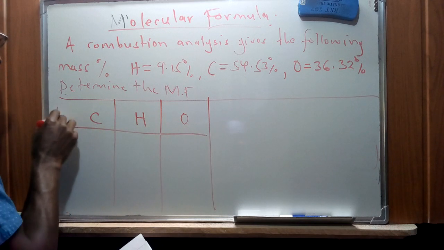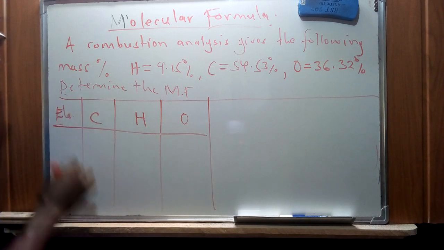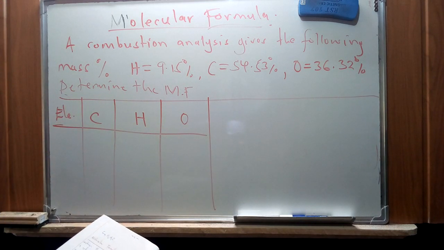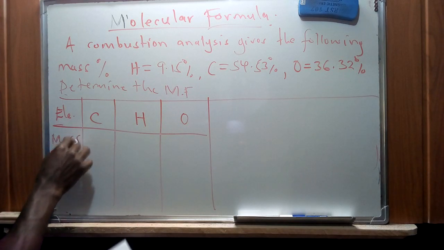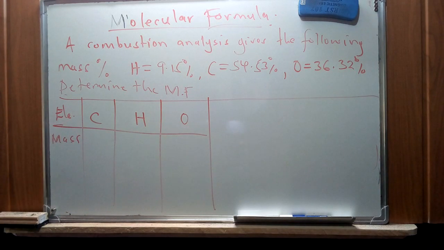So in this case, we are going to have the element, and next the masses representing those elements. For that case, we are going to find the ratio between the mass and the relative atomic mass of that element, in order for it to give us the mole ratios of those elements.